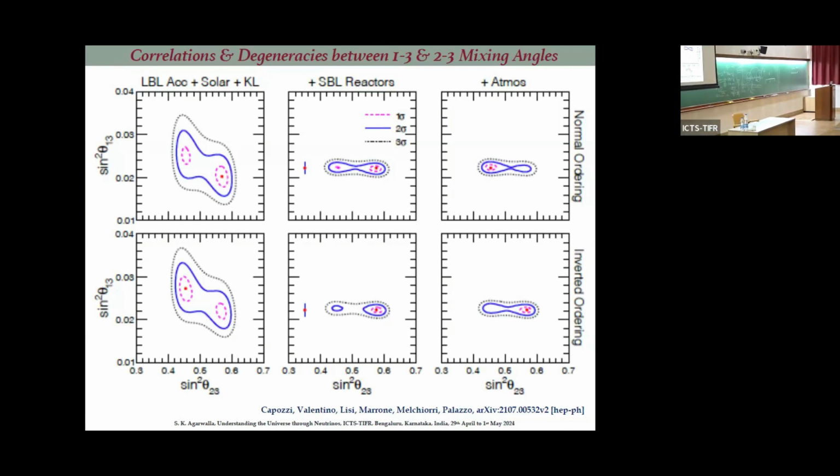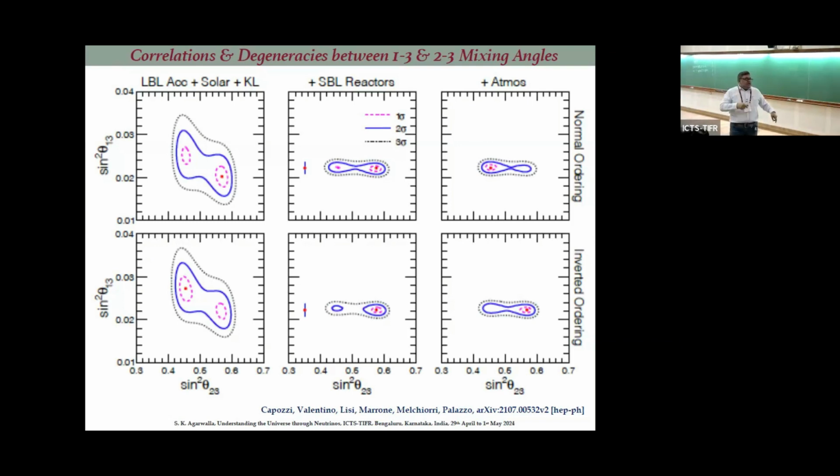So look at this plot. In the x-axis, we have sine square of theta 2,3. That means you are sensitive to octant, not sine square 2 theta 2,3, correct? And in the y-axis, we have theta 1,3. Now you can see the interesting three flavor effect here because this fit is done without any approximation. You are in three flavor, and you are fitting all the data.